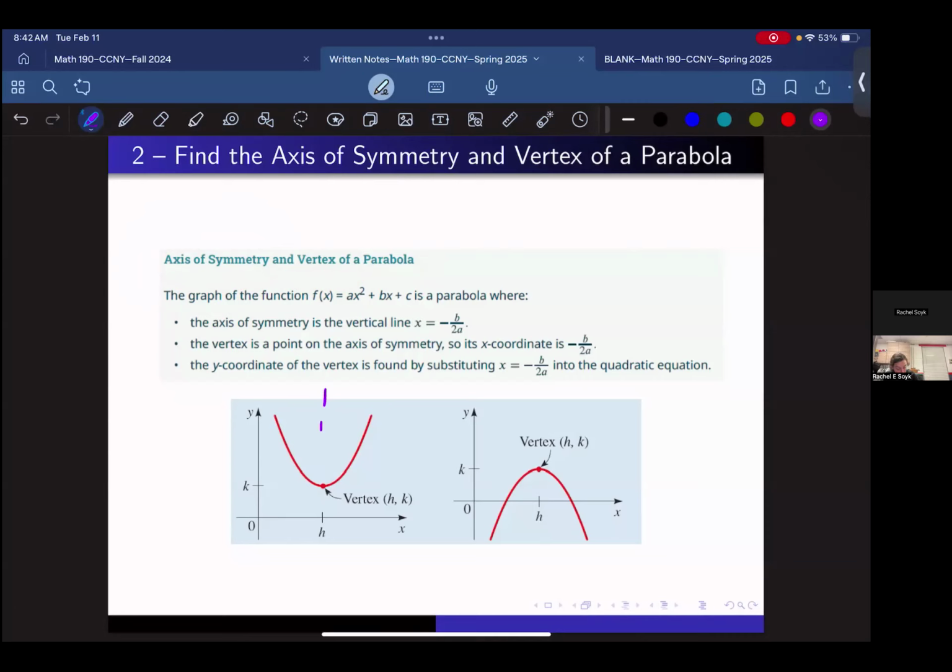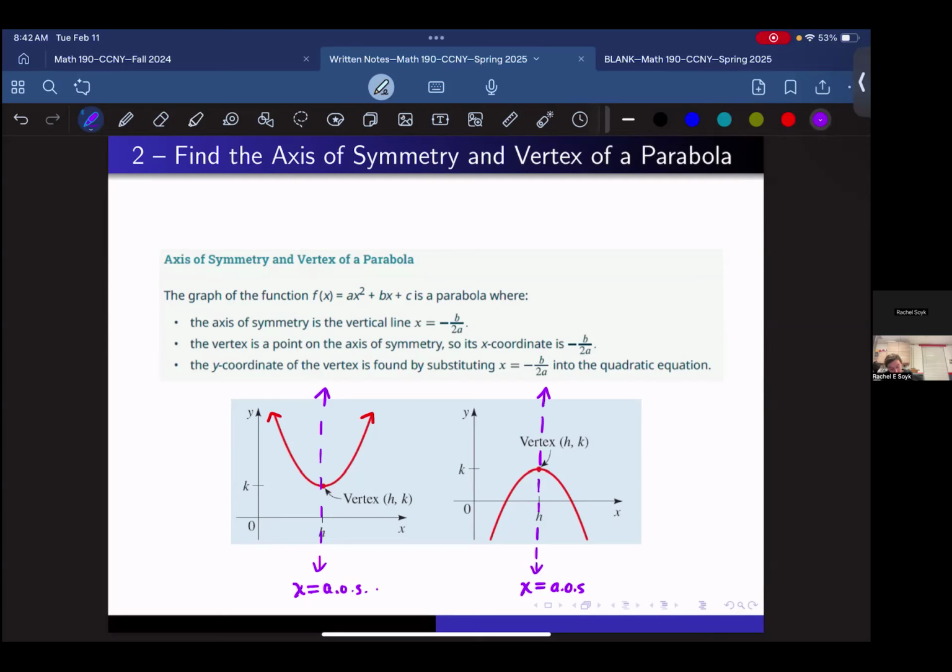If we were to fold over this purple dashed line, the parabola itself would overlap onto itself. And why is it so important in finding that axis of symmetry? Well, once we have our axis of symmetry, it's some vertical line, which means x is equal to some number. We're just going to label it as AOS, axis of symmetry.